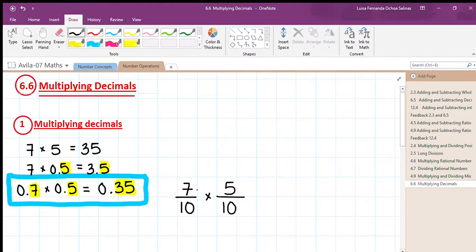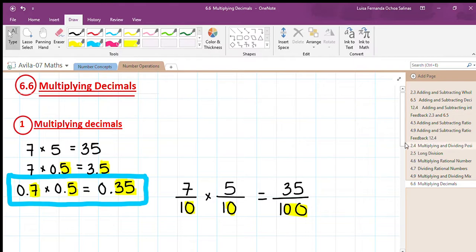So I'm not going to do any simplification here. What is going to happen? This is going to be equal to 35 what? Hundredths. Notice what happened here. I had one decimal place in each factor, and in the answer I have two decimal places. In another way, I had a tenth and another tenth, and in my answer I had hundredths.